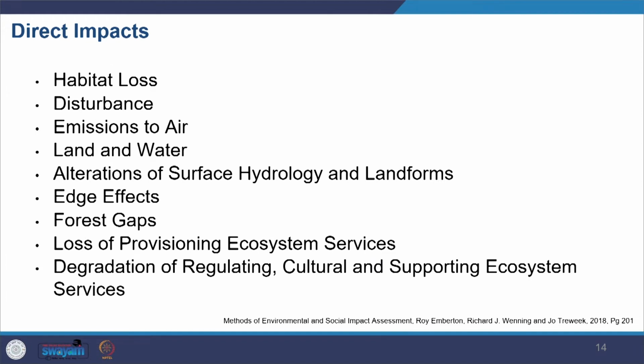There can be loss of habitat, there can be disturbances in the habitat, there can be emissions related to air, then there can be deterioration or changes in land and water, and then there can be changes in the surface hydrology and changes in the landform as well. And then you also have edge effects, like what happens in the boundaries of these habitats, and then there can be forest gaps. There can be discontinuity in the forest areas, and then there can be loss of provisioning ecosystem services.